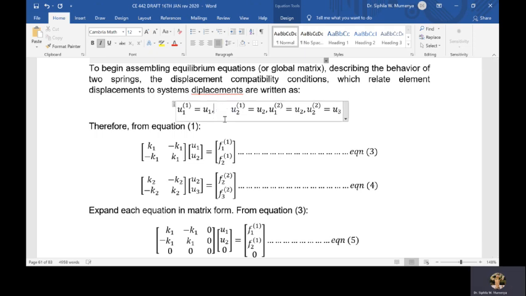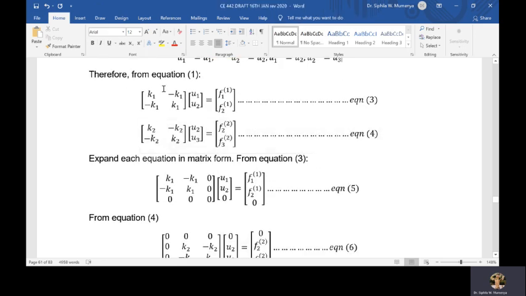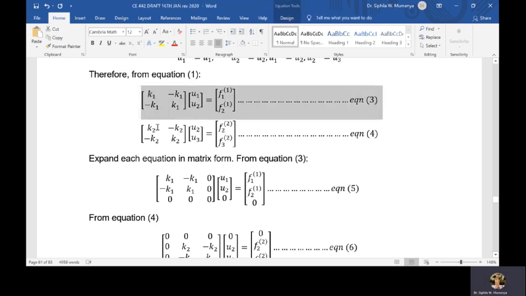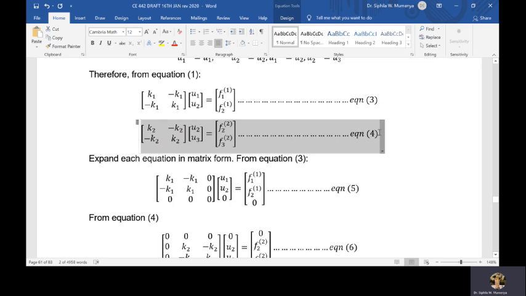And we are able to write these equations as shown, and also assemble the matrix equations as equation 3 and equation 4.